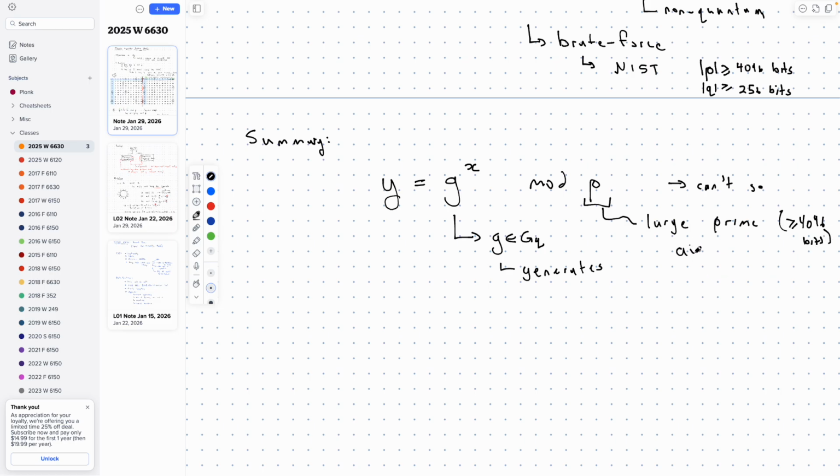And there's going to be a smaller prime q that divides p minus 1, and q will also be prime, and q is going to be like 256 bits. If we do a safe prime, then (p minus 1) divided by q is 2. So 2q is p minus 1, or 2q plus 1 equals p. Then it's going to be 4095 bits, because it will be 1 bit shorter. But we might use a much smaller prime, and that's fine.